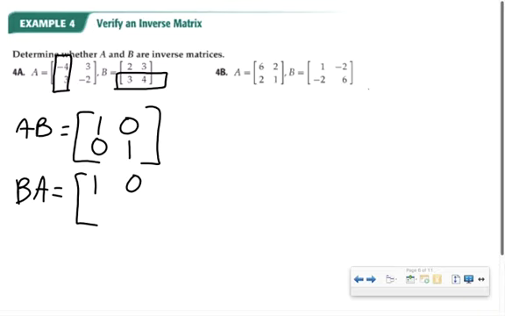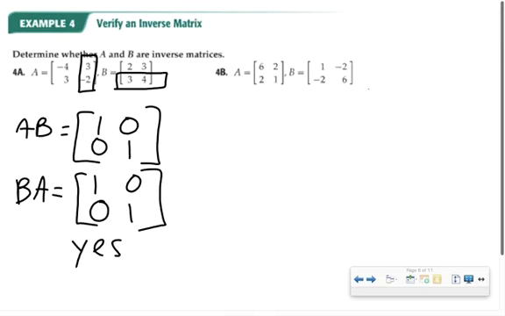Three times negative 4 plus 3 times 4. Three times 3 plus 4 times negative 2. So that's yes. How about part B?